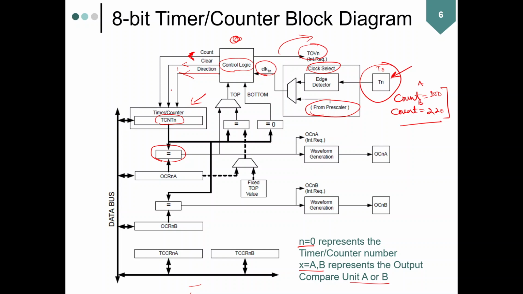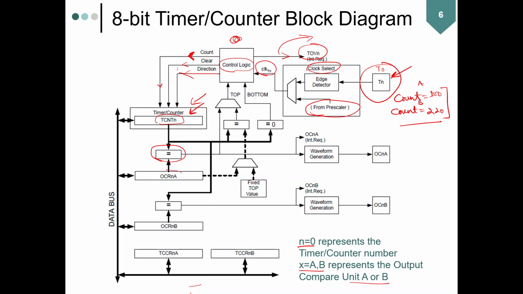So what is happening? The count signal is coming over here, the timer is counting, and if you just want it to overflow, then this overflow interrupt is going to be generated from the control logic. However, if you want to count up to a certain number, then you need to first store that number into some register.